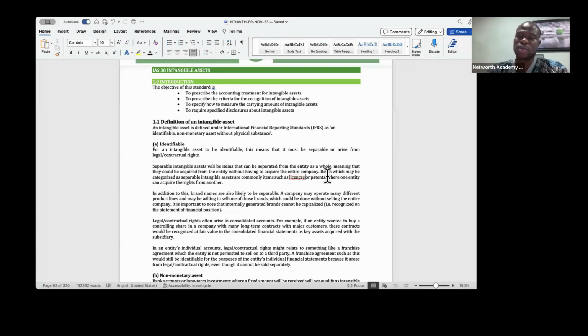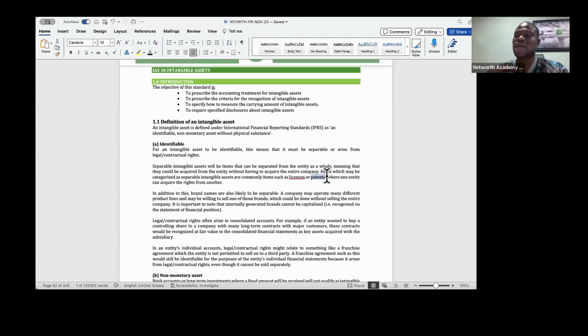Another type of intangible asset that is separable is a patent. When we say patent, we are talking about when you invent an item or you create something, there's a body in Nigeria that you pay to, they will patent that your invention in such a way that no other person can claim ownership of that invention except you.